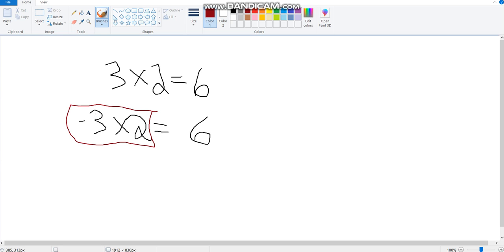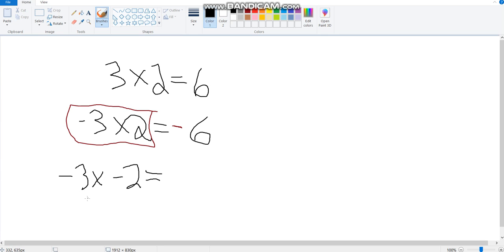Now, we have one negative sign. When we only have one negative sign, we just put it over here. When it's a negative times a positive, or a positive times a negative, we have an end result that is negative. Now, if it was something like negative 3 times negative 2, we would have a different result.